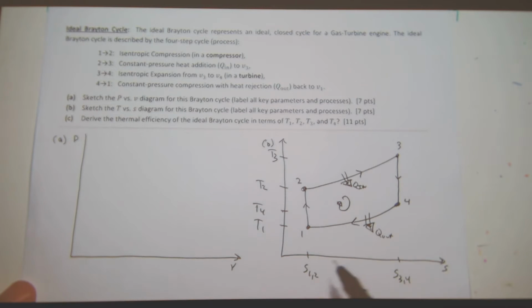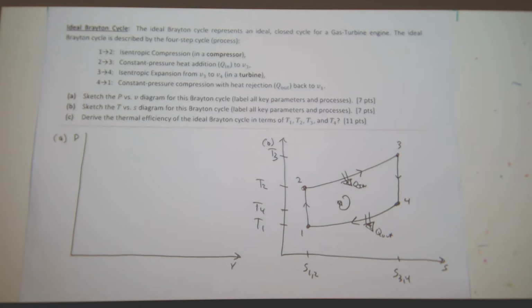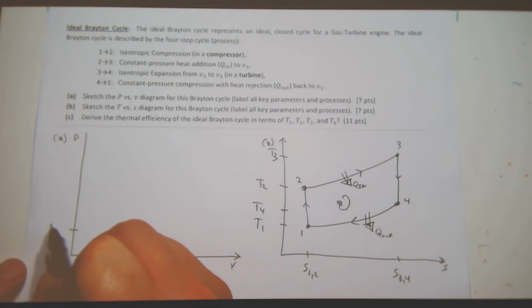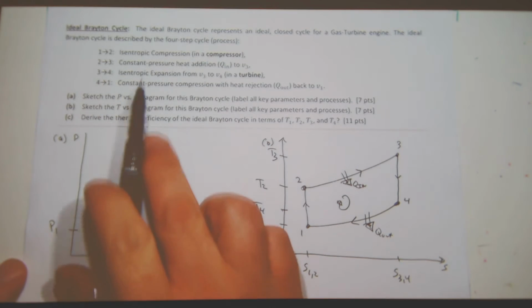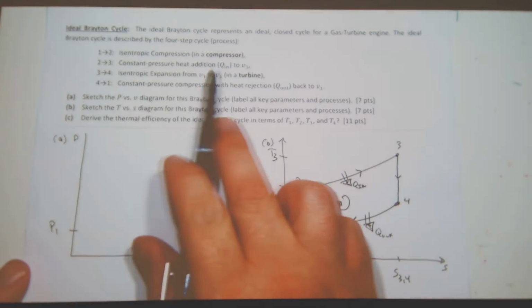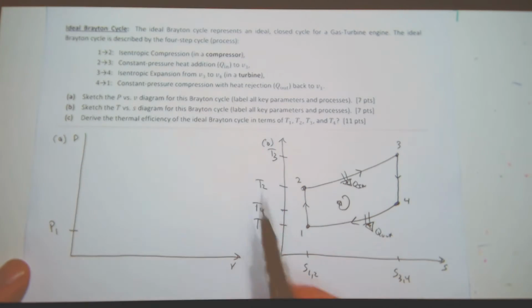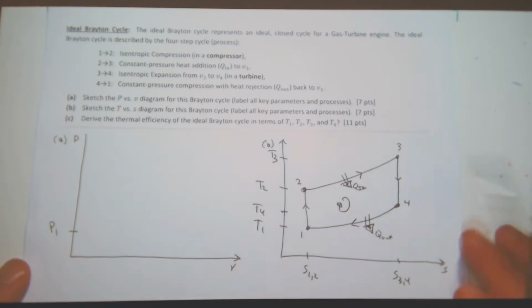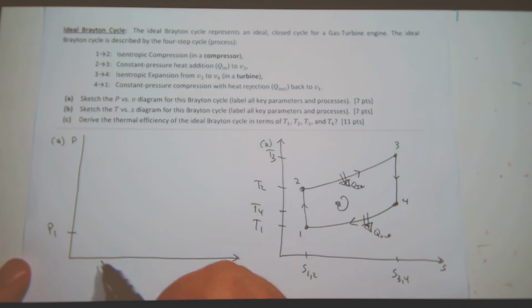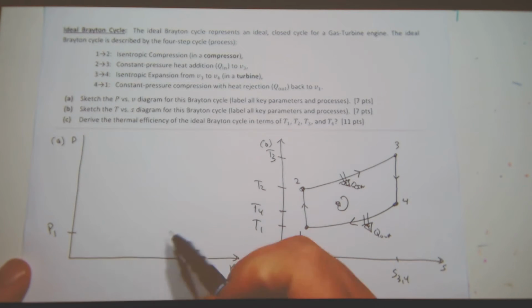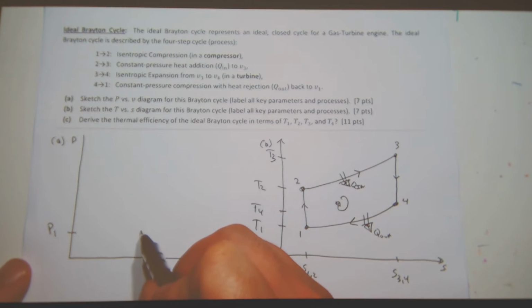So let's look here. I have low entropy, low temperature. What should be the pressure? Low. Mm-hmm. So I'll start here, P1. And I'm doing compression, so I'm going from here to here. So I'm going to be somewhere along this line. So let's just pick right here for 1.